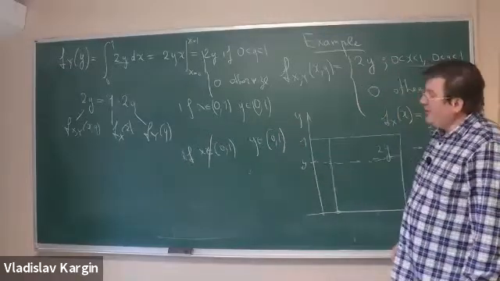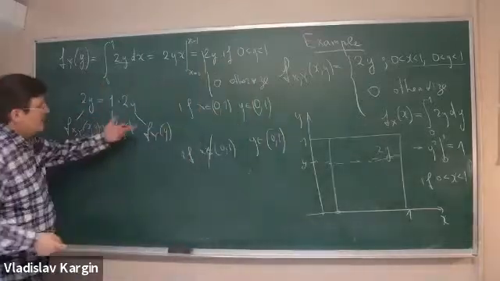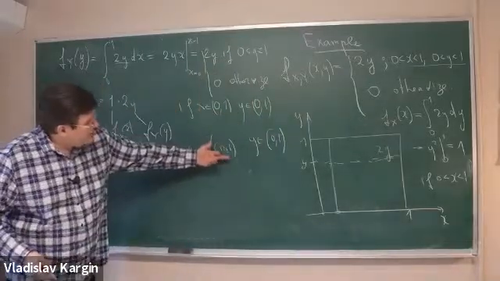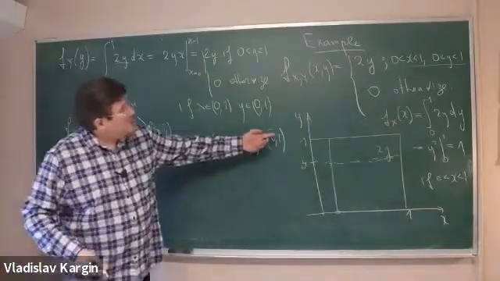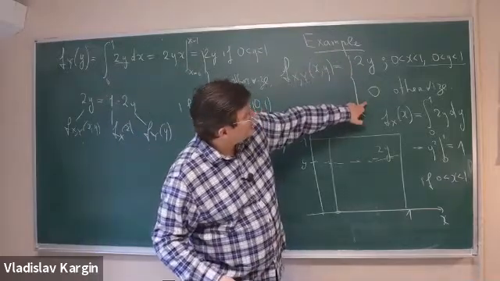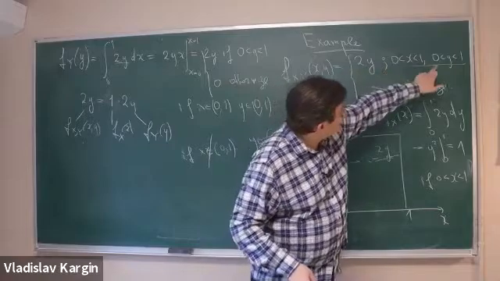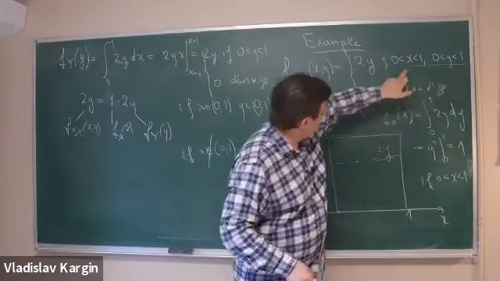And so now we are checking it. If x doesn't belong to 0 to 1 and y belongs to 0 to 1, we look at this condition, and it says that the joint density is equal to 0, right? So 2y only if x is between 0 and 1 and y is between 0 and 1. Otherwise, it's 0.